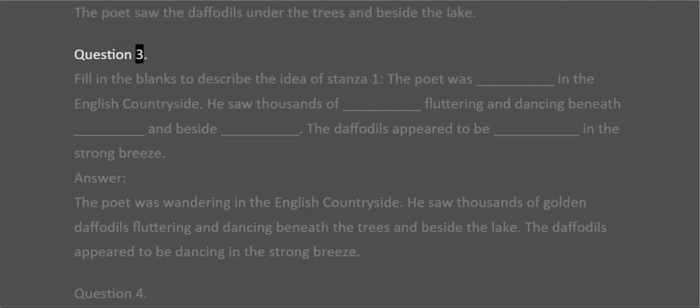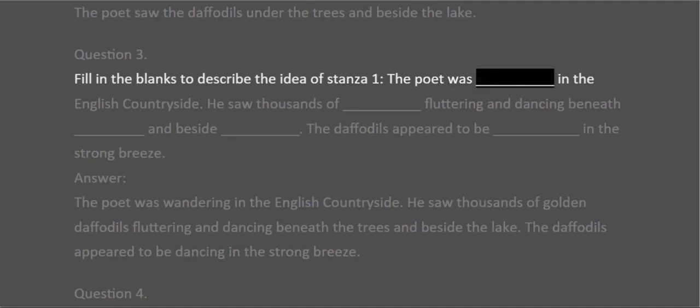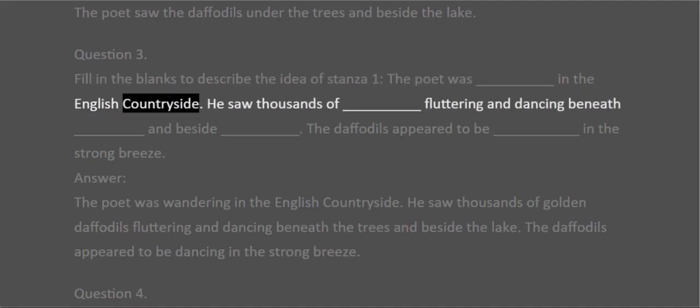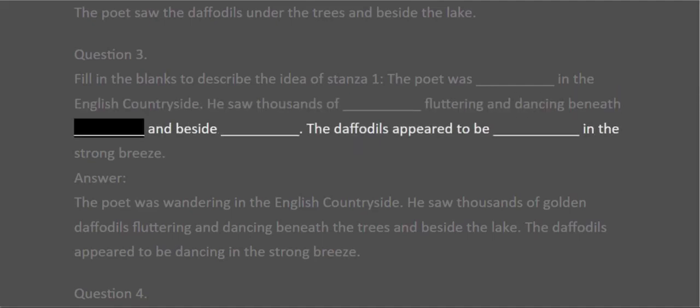Question 3. Fill in the blanks to describe the idea of stanza 1. The poet was in the English countryside. He saw thousands of fluttering and dancing beneath and beside.